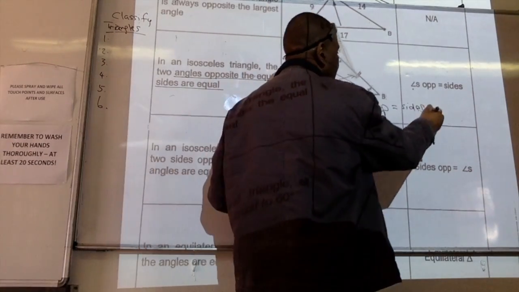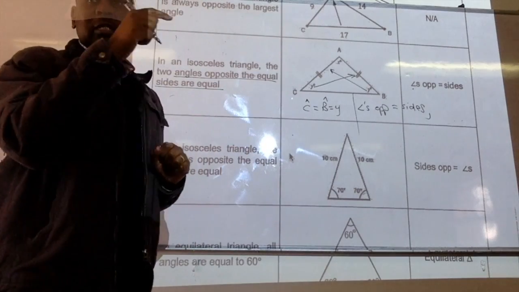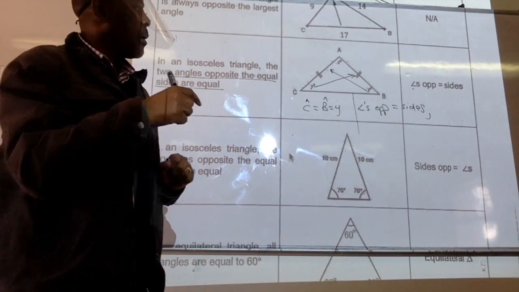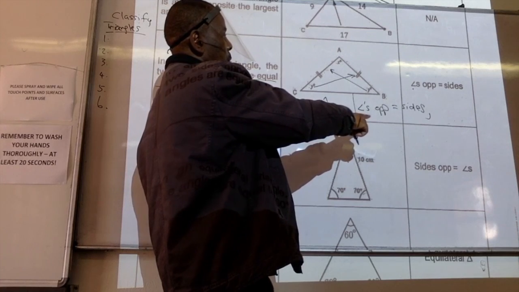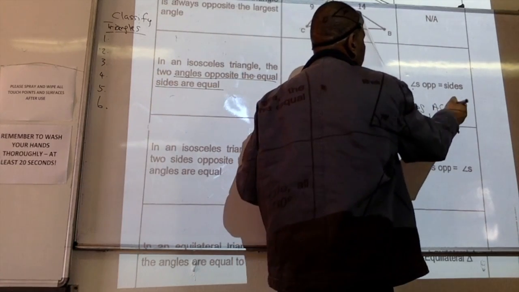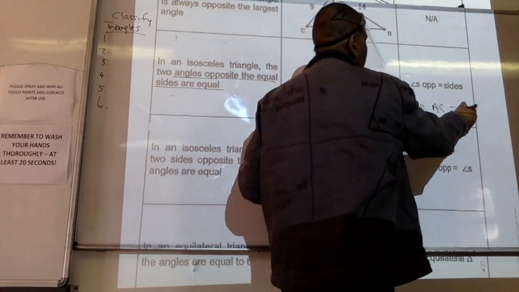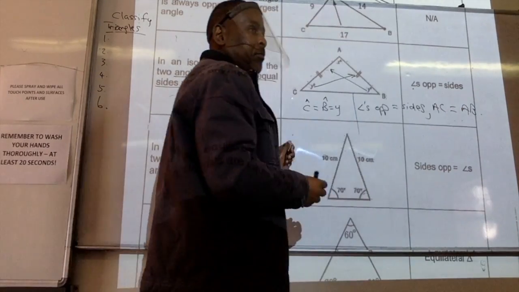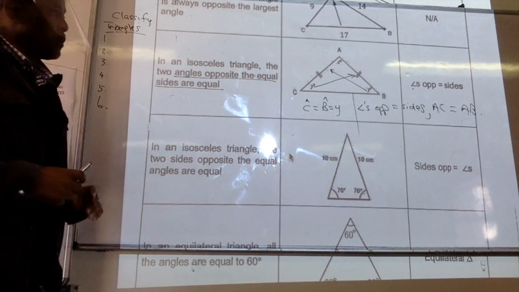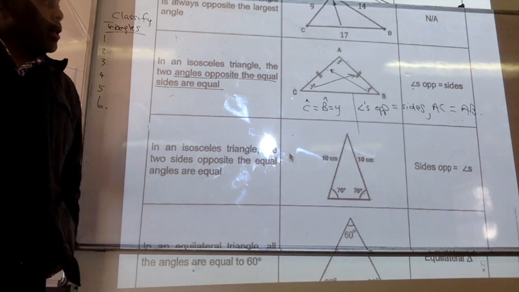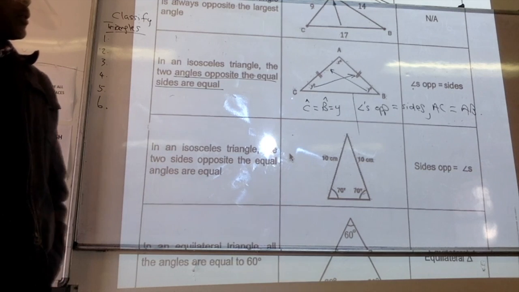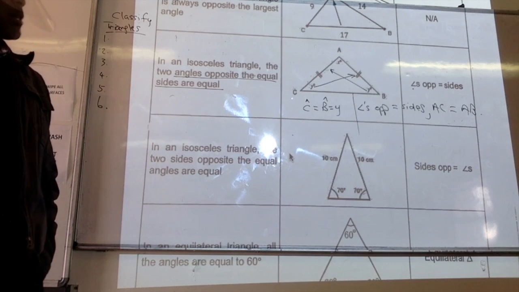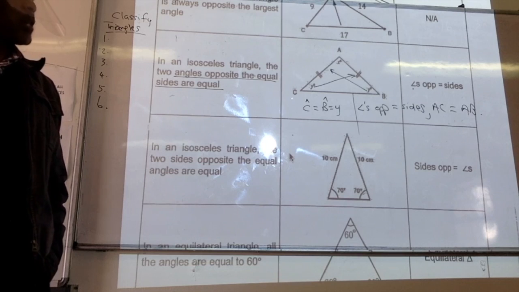But if you say that, you need to continue and tell me which sides are actually equal. So which sides are equal here? AC is equal to AB, right? Please copy that down. So we will say angle C is equal to angle B, which is y, and the reason is because these are angles opposite equal sides.